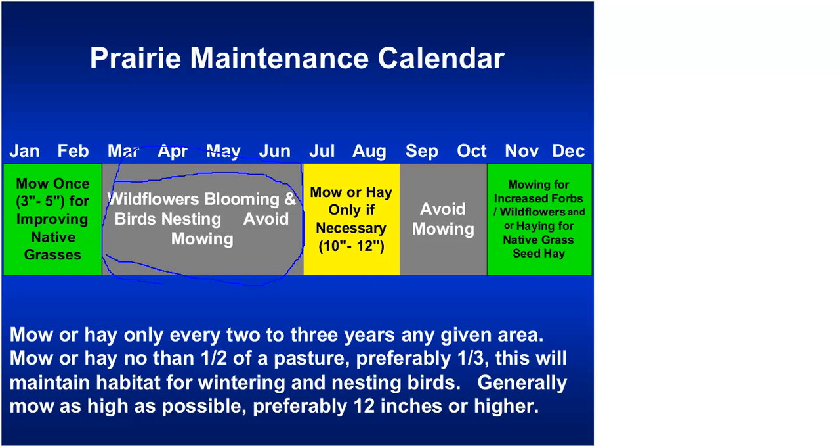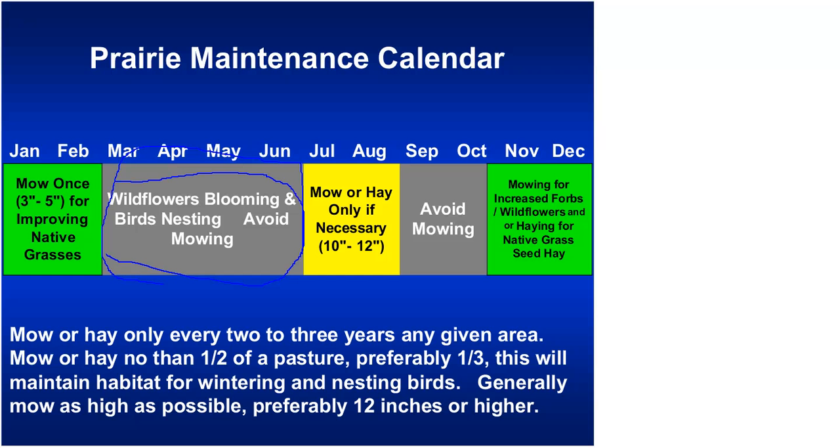If we're going to only do it at one time of year, maybe in the midsummer, that's the time we want to do it. We want to do it just that once, and then not come back to that location until the following year. And you want to mow it as high as possible, but after that point where the birds are nesting.